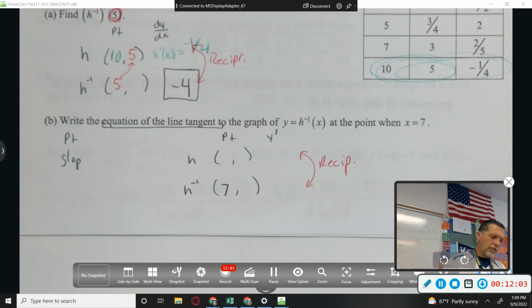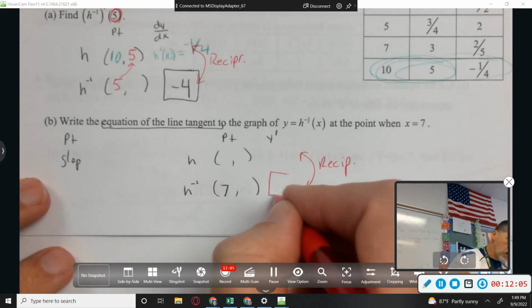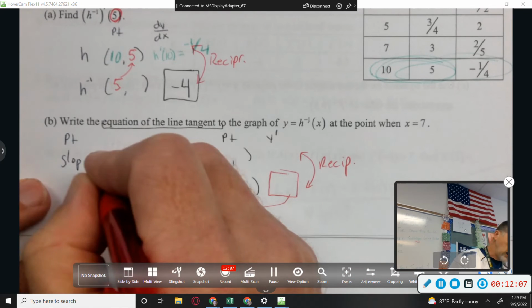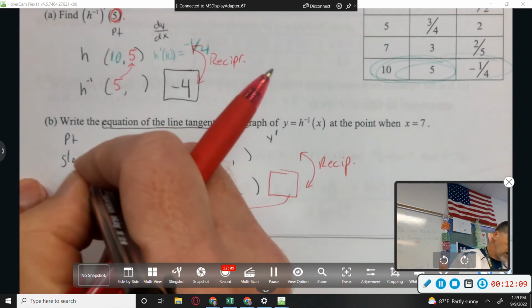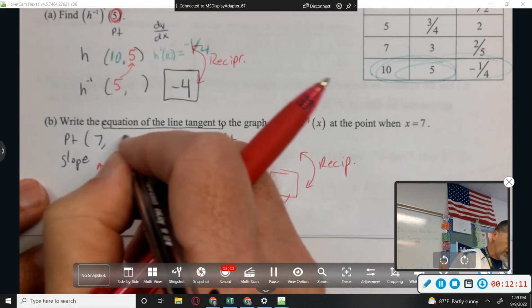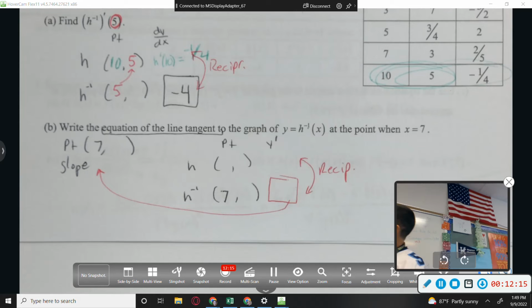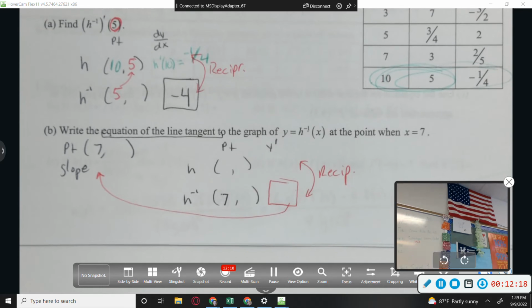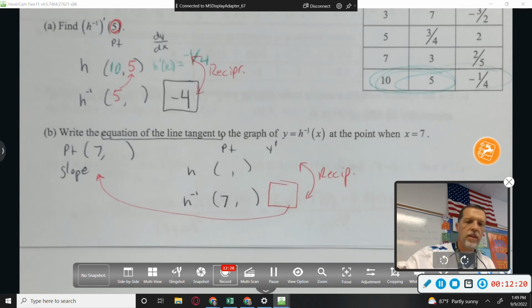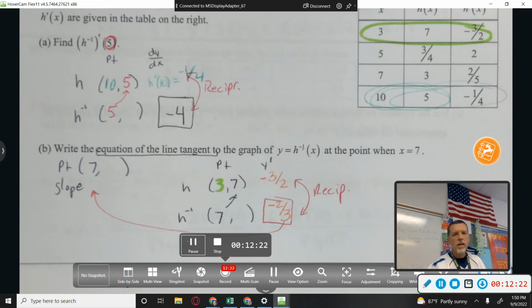And I'm looking for this slope because that's the slope that I'll use over here. The point is 7 comma something. See if you can at least get to finding that derivative. Okay with negative 2/3 as the slope? Yes.